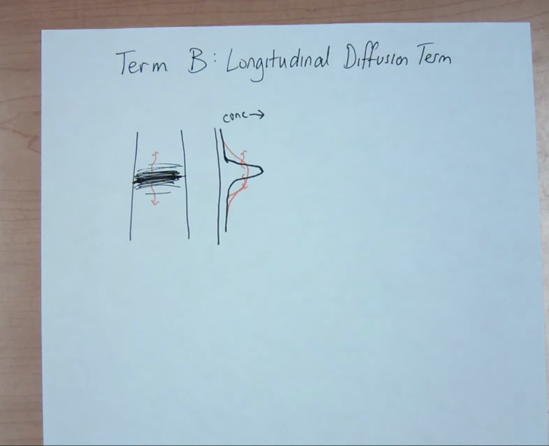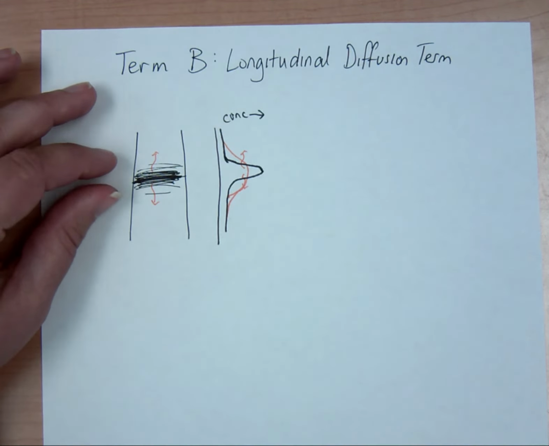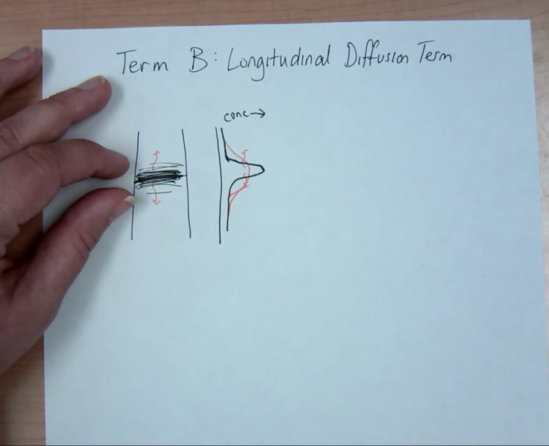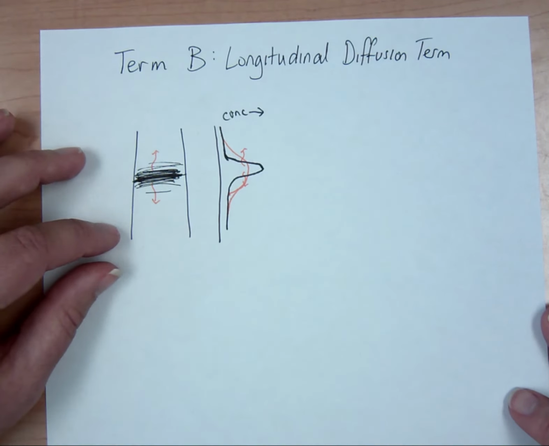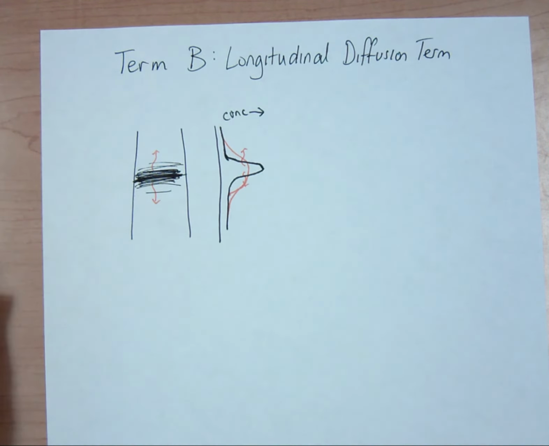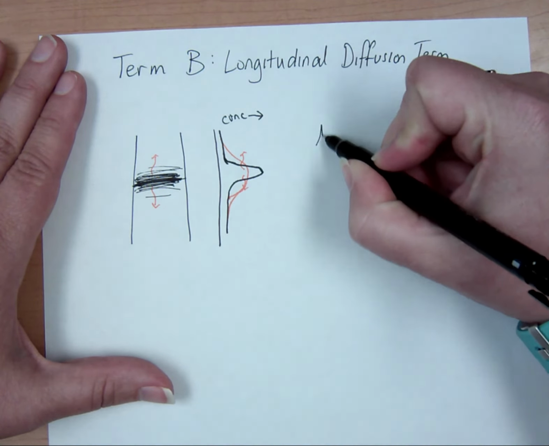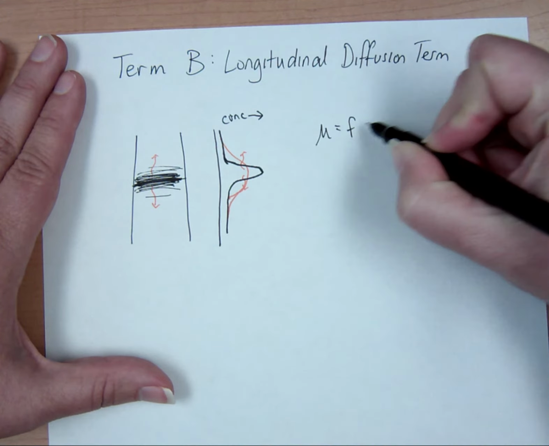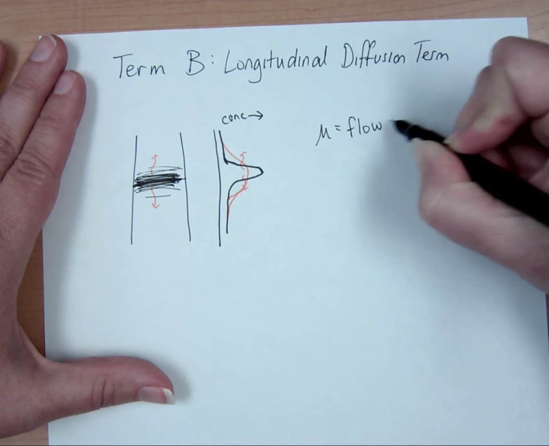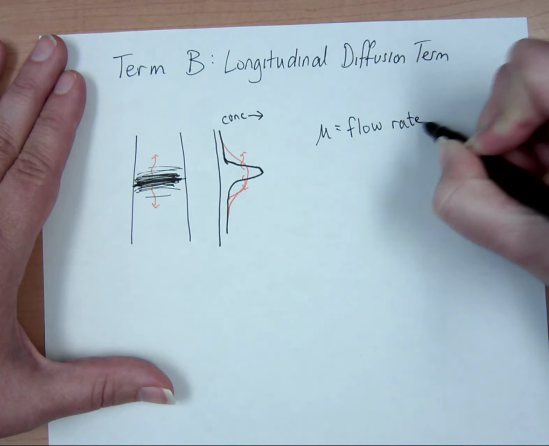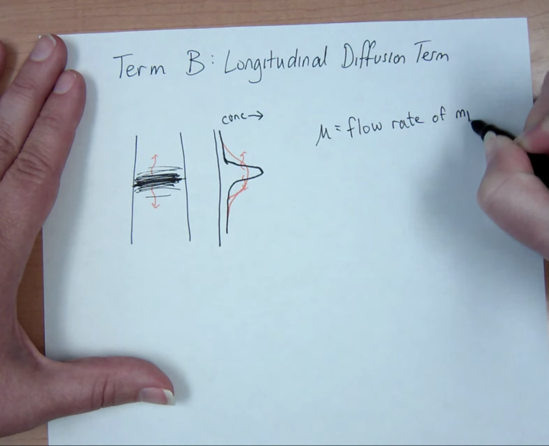Now, what happens if we are moving faster down the column? What happens if we consider the fact that we are moving in a mobile phase and this is moving down the column? What happens if we run at a faster mobile phase flow rate? We denote that as mu, the Greek letter mu, and that's going to be our flow rate of the mobile phase.